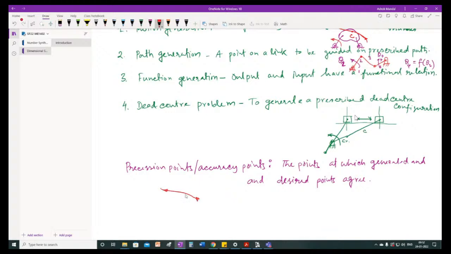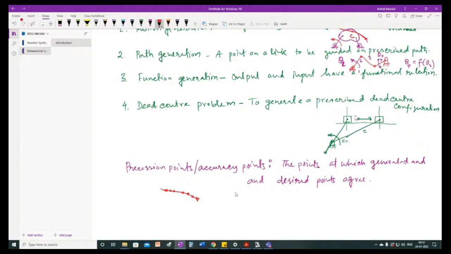This path must be followed by a point C on the coupler. But we will discover that it is not very easy to ensure that C, at all positions of this four link mechanism when it is rotated, is following a particular desired path.